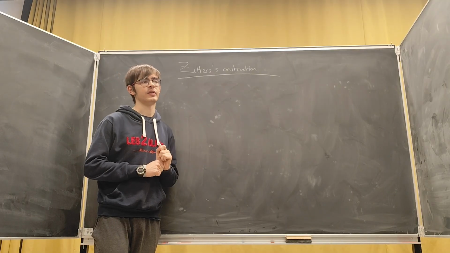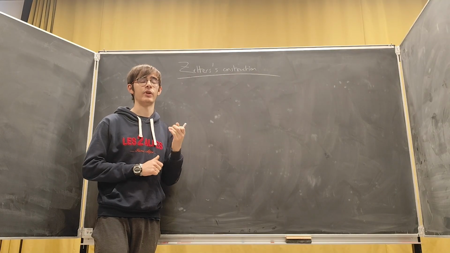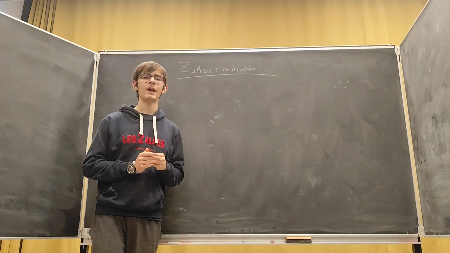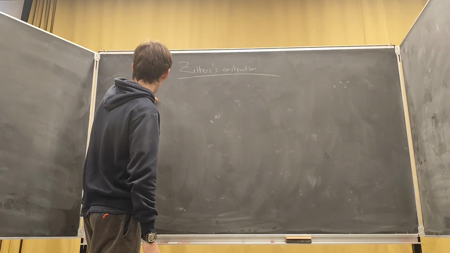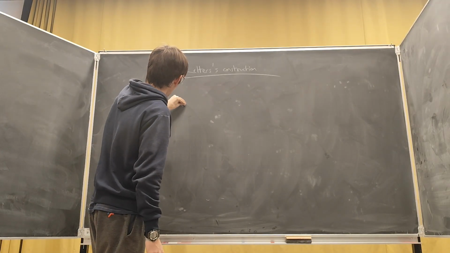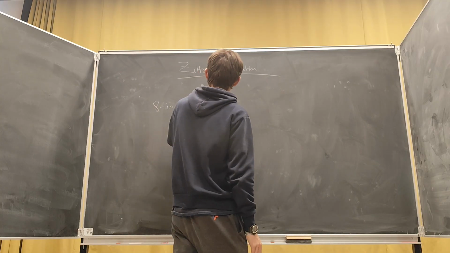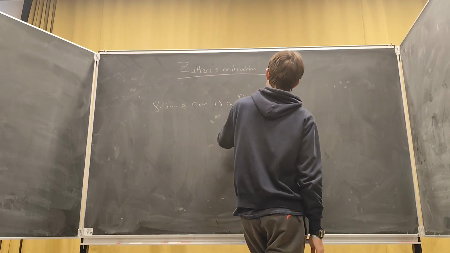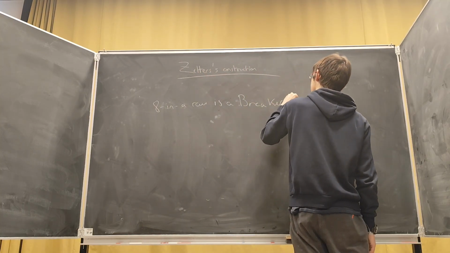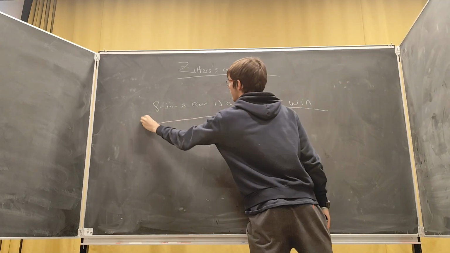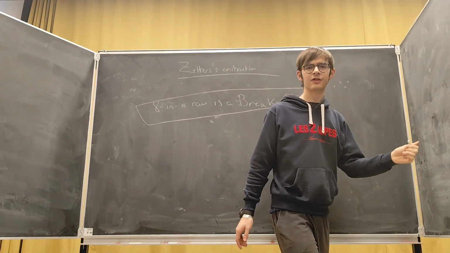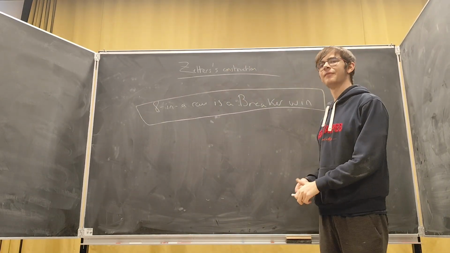We don't know yet if 7 in a row is a breaker win or a maker win. But for now, 8 in a row is a breaker win. This is already pretty nice, and that's it for today.